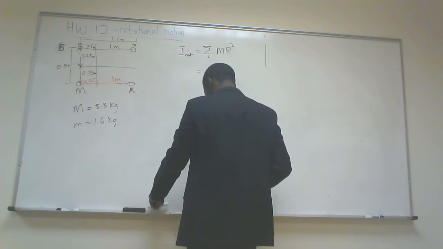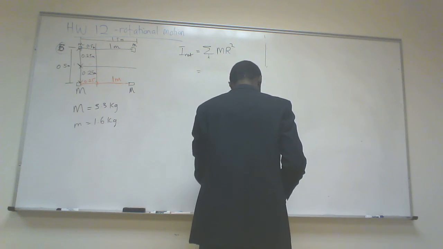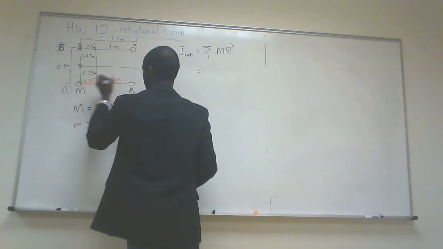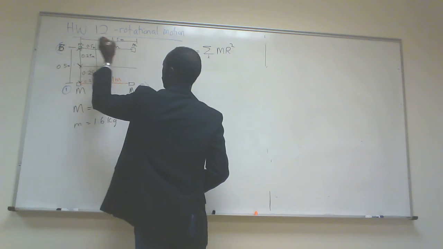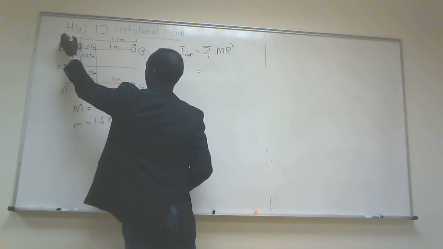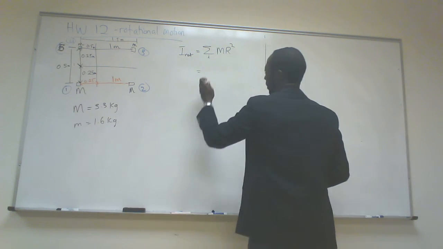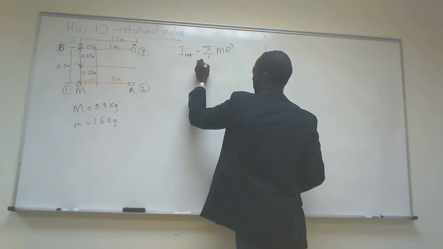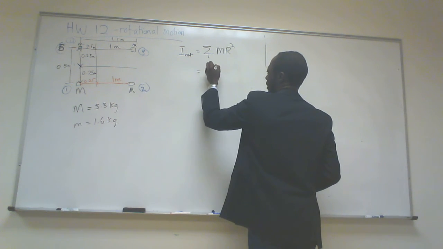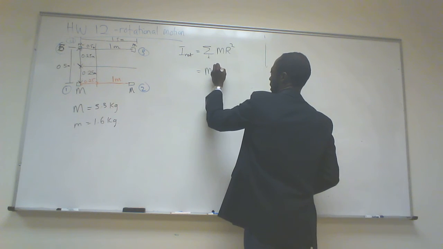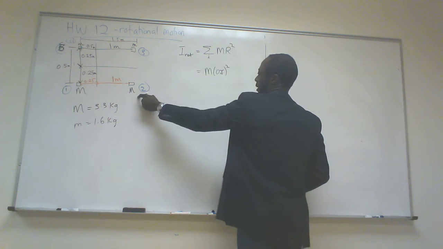All right, so let's number our objects 1, 2, 3, and 4. For object 1, its mass is big M. The distance is 0.25 squared.